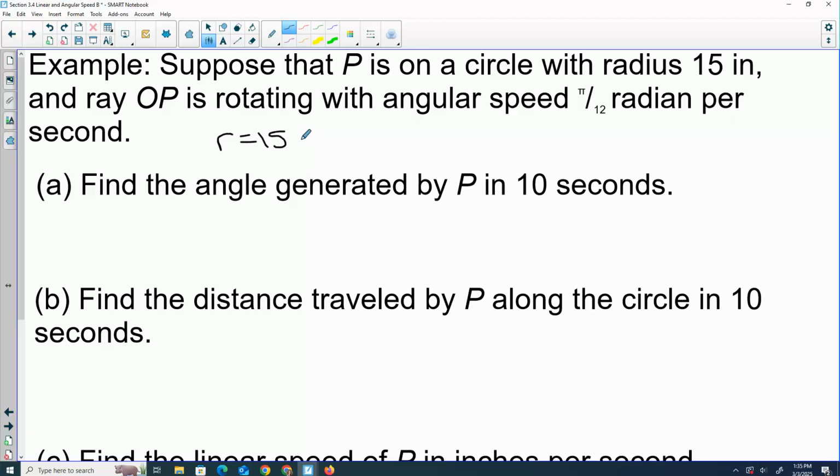And it's rotating with an angular speed of pi over 12 radians per second. What variable is angular speed? Omega, the W looking thing. So that's my pi over 12.